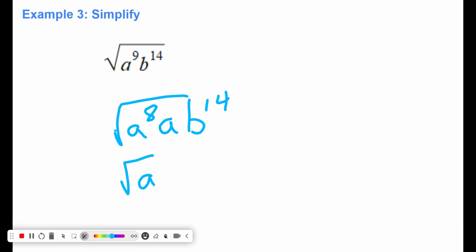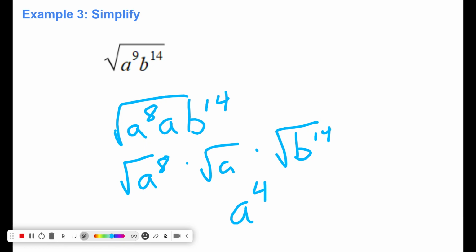Let's separate them even further. A to the 8th power times the square root of a times the square root of b to the 14th power. I'll be able to move two of these outside. If I cut a to the 8th power in half, I'm left with a to the 4th power. I've got b to the 7th power being multiplied by the square root of a. And I've been able to move a lot of that outside of the square root, which is going to give me a lot more freedom going forward.